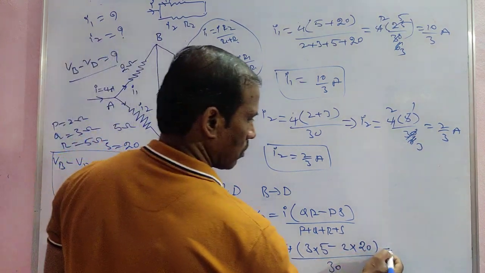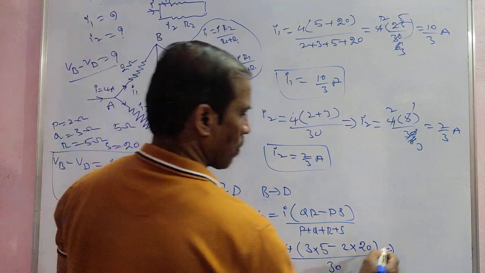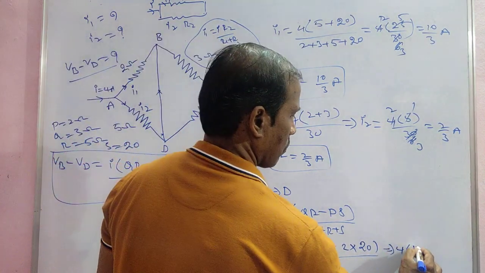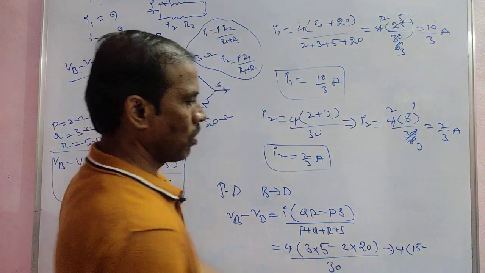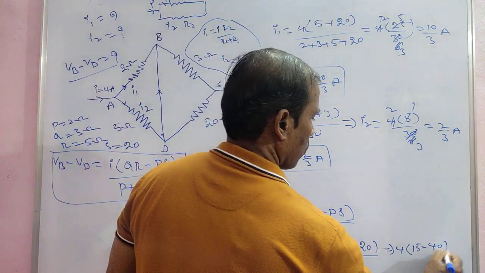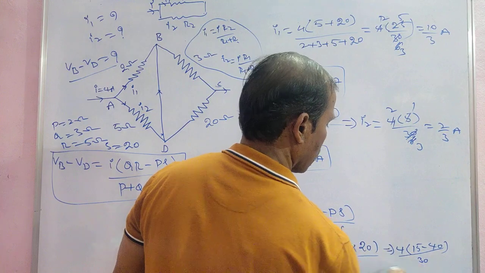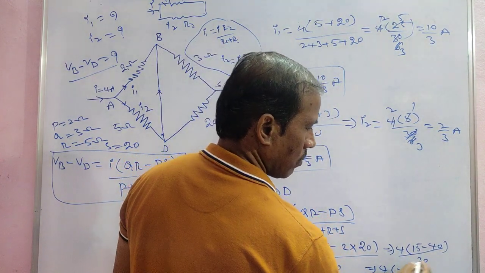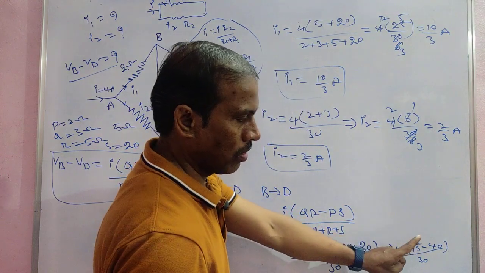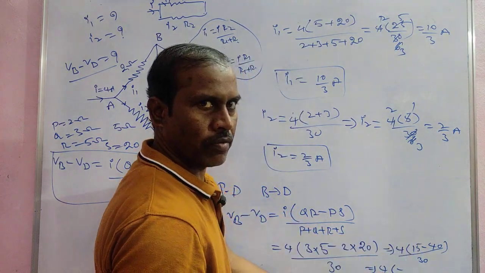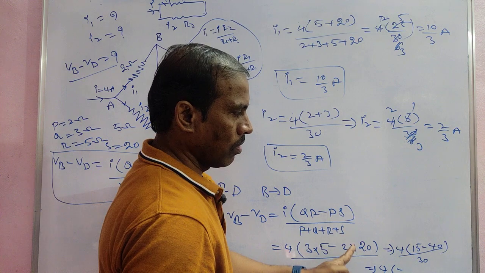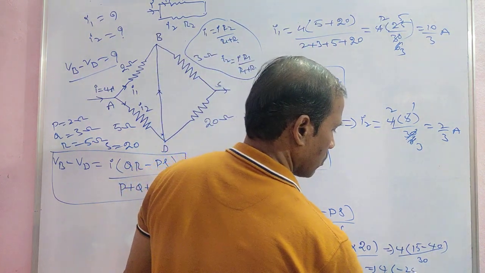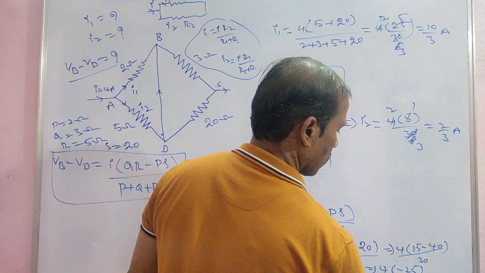Now simplifying: 4 into 15 minus 40 by 30, that is 4 into minus 25 by 30. 15 minus 40 leaves minus 25, so minus 25 by 30.